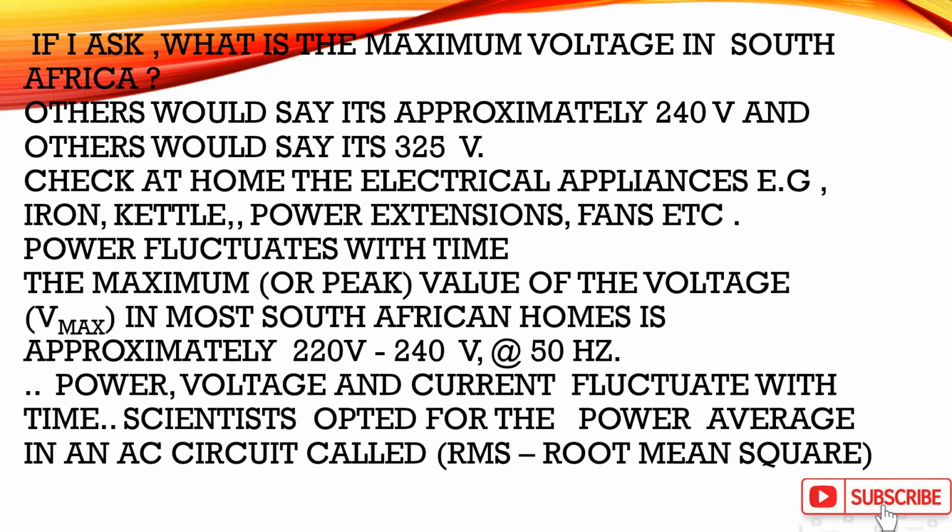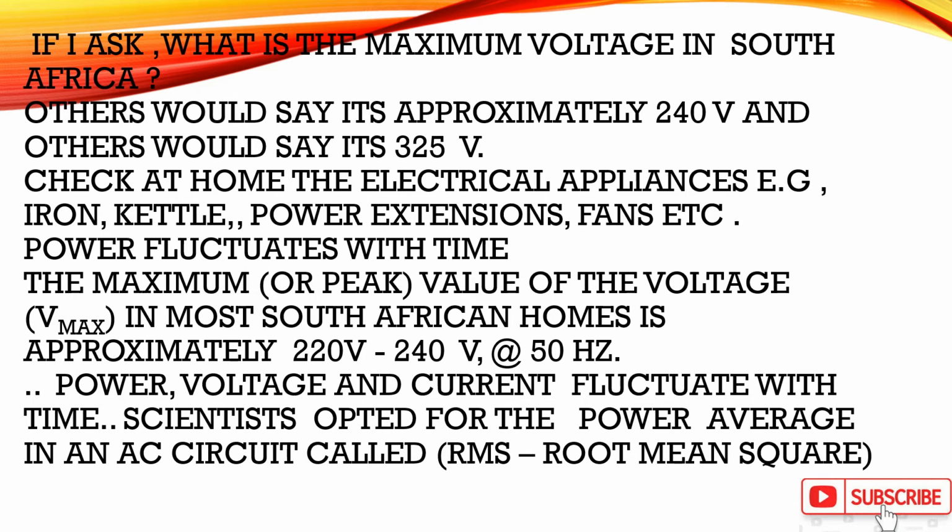The maximum or peak value of the voltage, V maximum, in most South African homes is approximately 220 volts to 240 volts at a frequency of 50 Hz. Power, voltage, and current fluctuate with time.